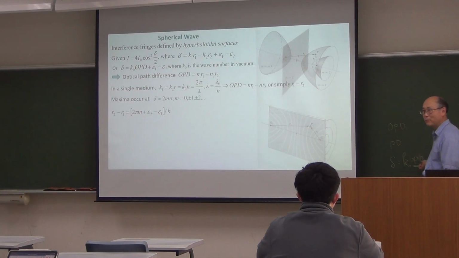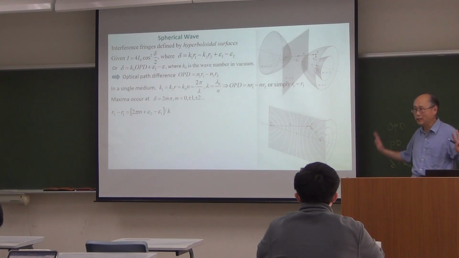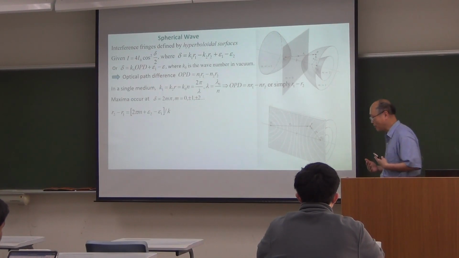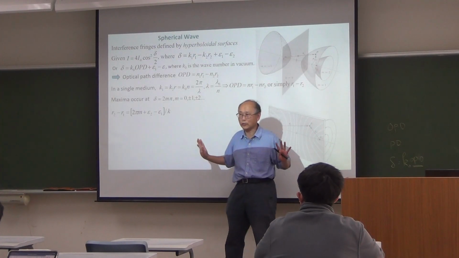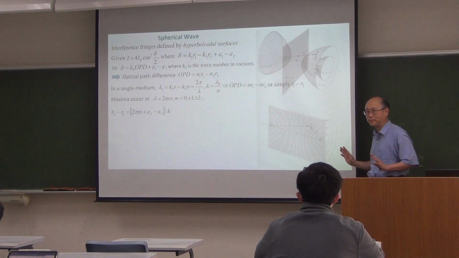So this is a very important definition. If you calculate the actual propagation phase of the light, then you have to deal with the optical path difference. But to you and me in space, we care about the physical path difference. Okay, the physical path difference is from this point to that point without considering the refractive index.